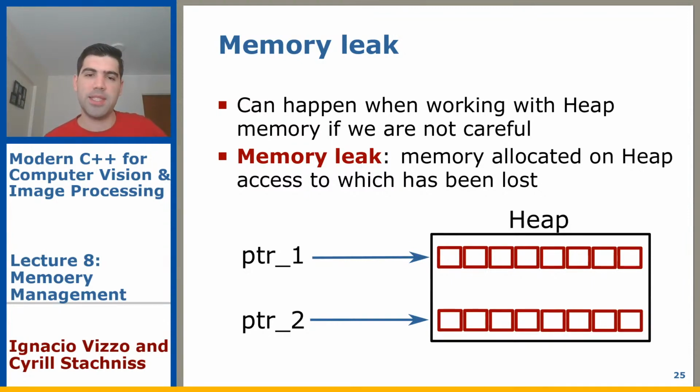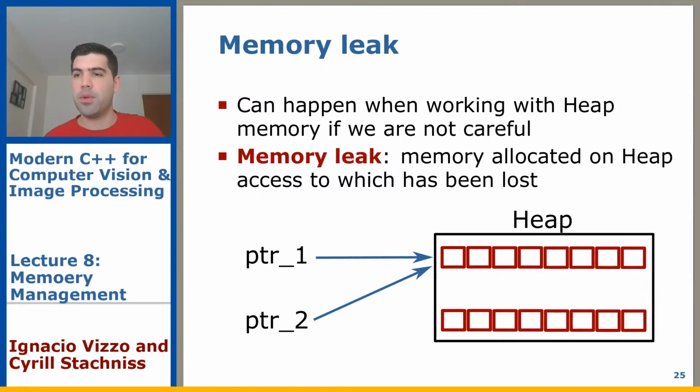The idea is that a memory leak is memory that was allocated on the heap, and the access to this memory was lost. So we have a program, and then we have 2 pointers to any type of object, and then we do new and new, right? So whenever we do new, the operating system will go to the heap and allocate memory for us.